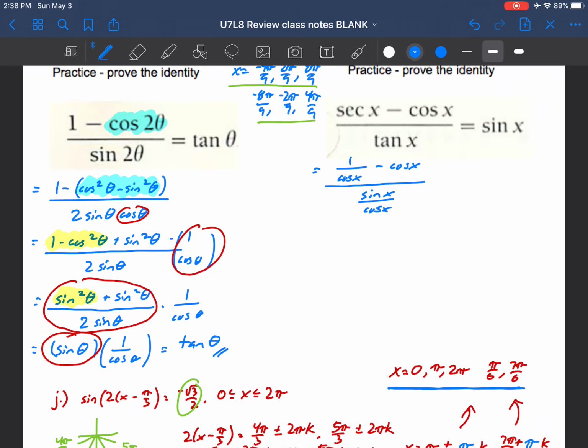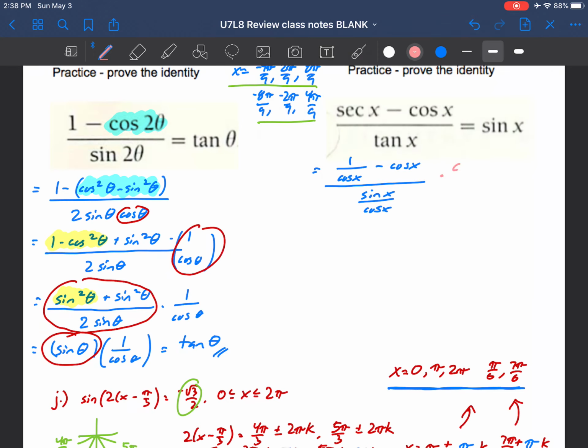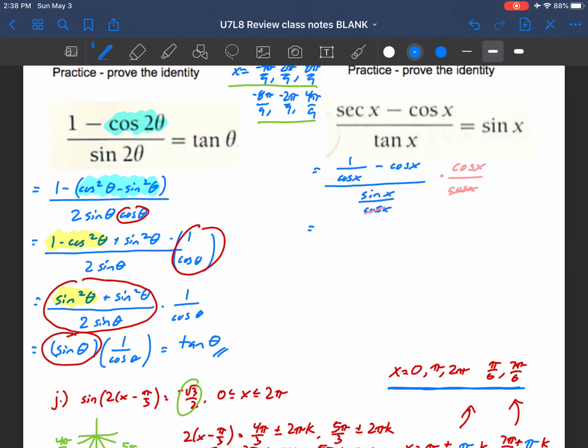Now, you guys probably know this, or you should know this, but if you divide by a fraction, it's like multiplying by the flip. And one of the reasons is, because if we multiply by cos x over cos x, these will cancel, right? So that gives us, I want to just get back to blue.